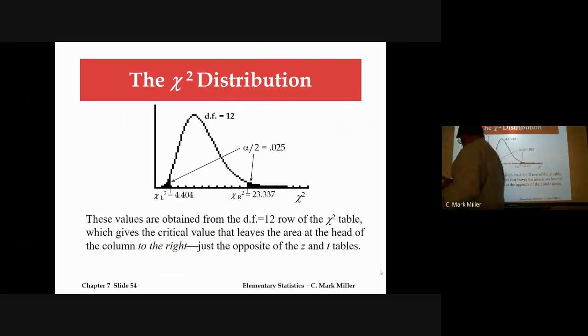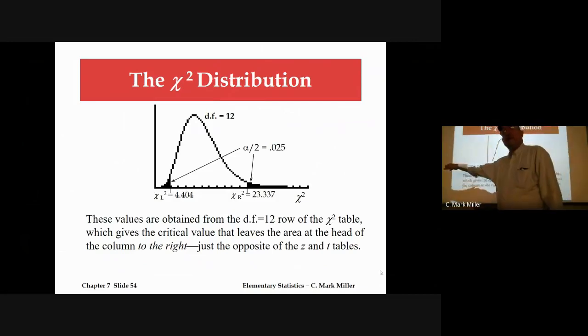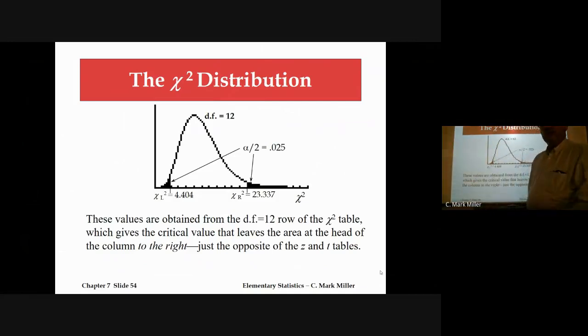For one thing, all of our chi-squareds are positive. There aren't any negative ones. So we can't take 1.96 and negative 1.96 because we've got no negatives. Number two, it's not symmetric. So even if you did have an axis down the middle, it wouldn't have that symmetry that allows those numbers to be negatives of each other.